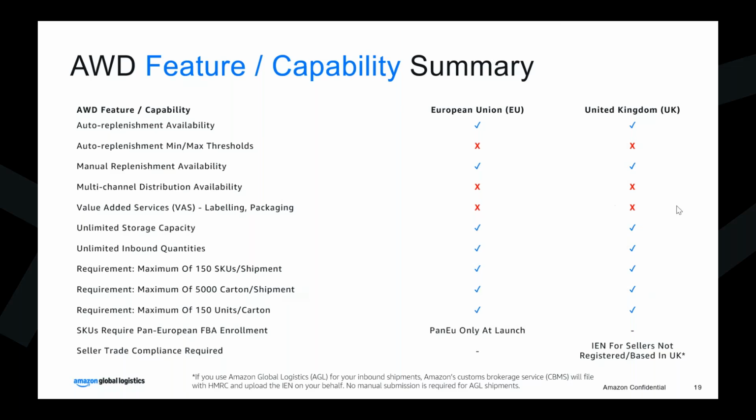Do we get a step-by-step onboarding process and anyone to help me on board with AWD? So the onboarding process is actually not that difficult as you were seeing earlier. It's really just going into the FBA inventory and clicking onto AWD. There are no account managers with AWD for the moment.